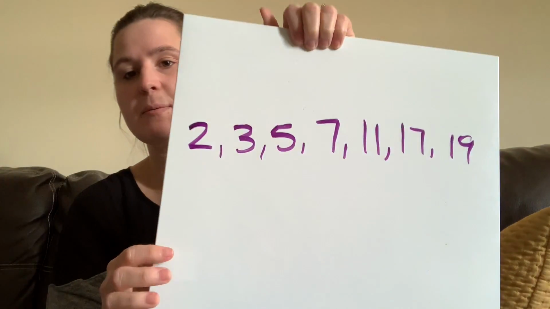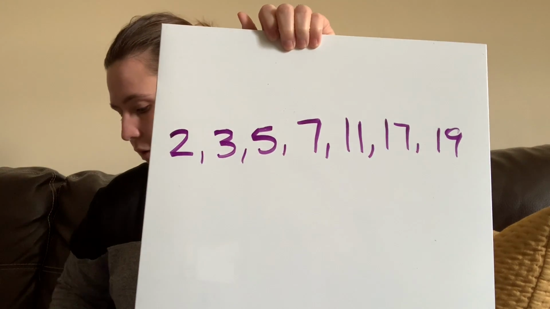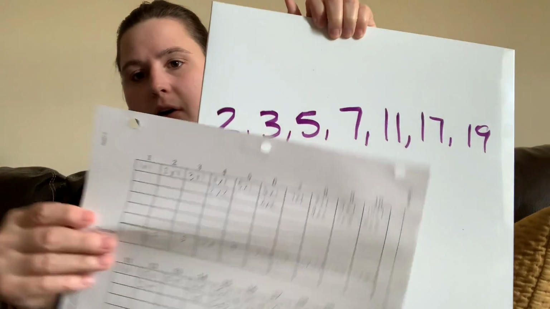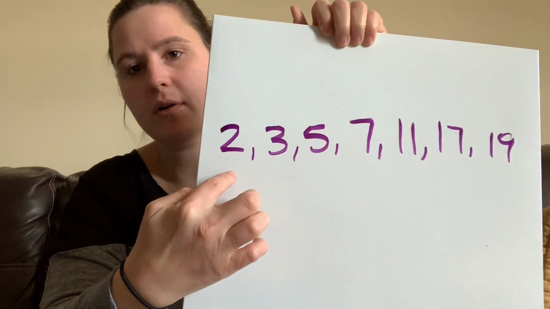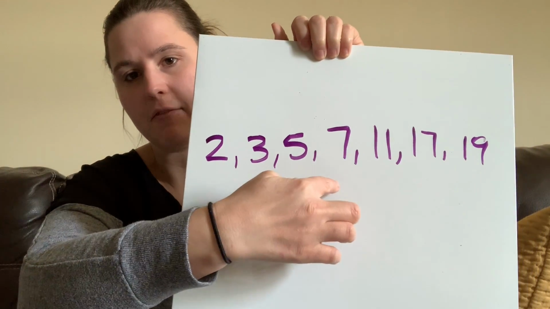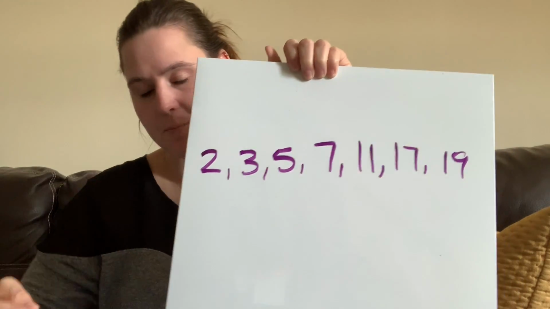Now, on the board, I've written some specific numbers out. So if you look on your paper, what do you notice that is similar about 2, 3, 5, 7, 11, 17, and 19?